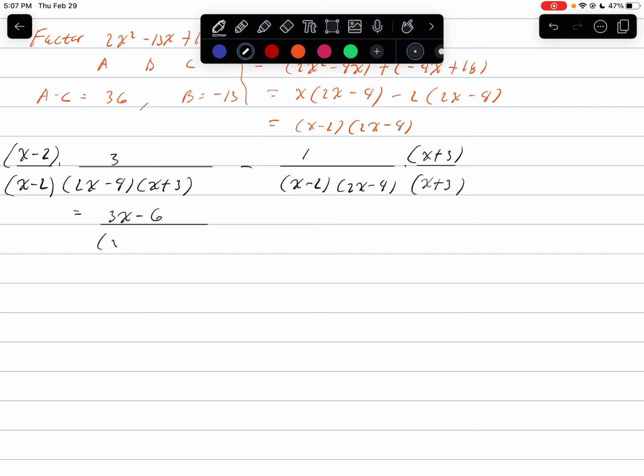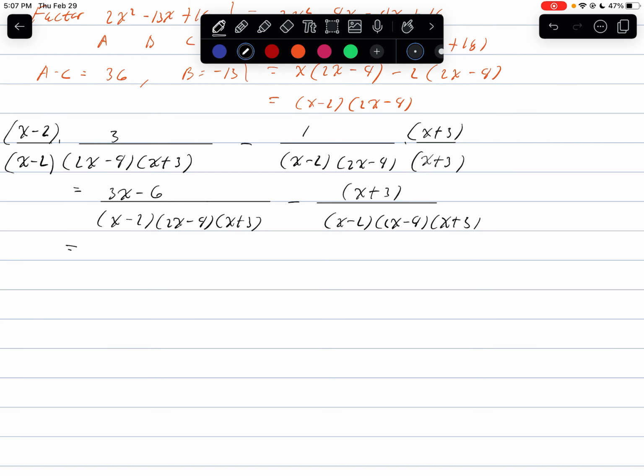Then we'll have x minus 2 times 2x minus 9 times x plus 3. And over here, we have 1 times x plus 3. That's just going to give us x plus 3, and then again, we'll have x minus 2 times 2x minus 9 times x plus 3.